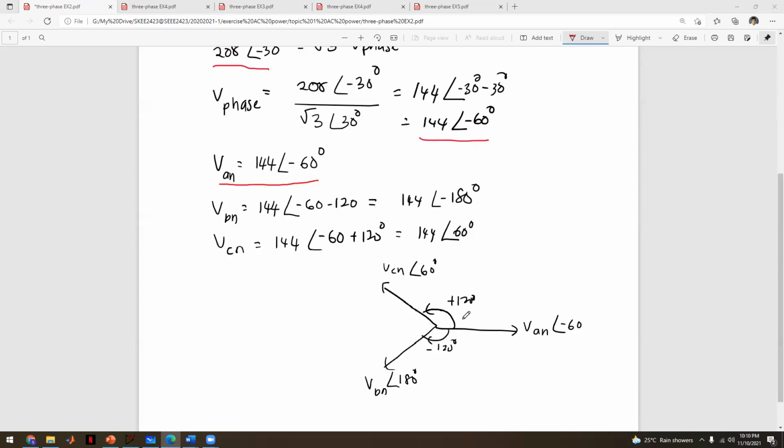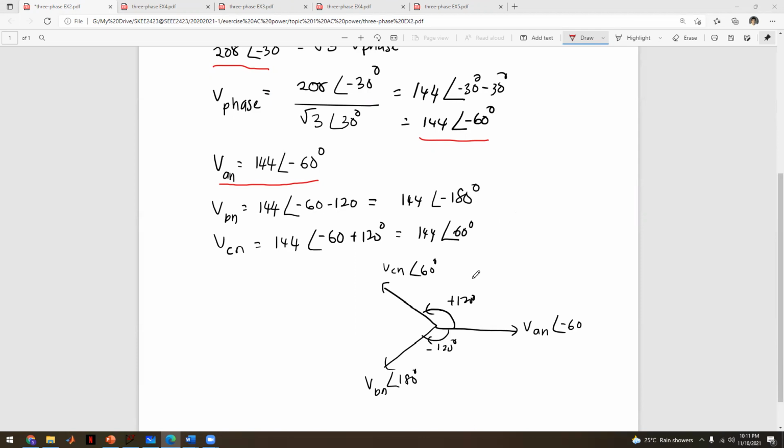The same goes for VCN, where VCN should have a phase difference from VBN of 120 degrees. So your VCN is 144 with an angle of 60 degrees.